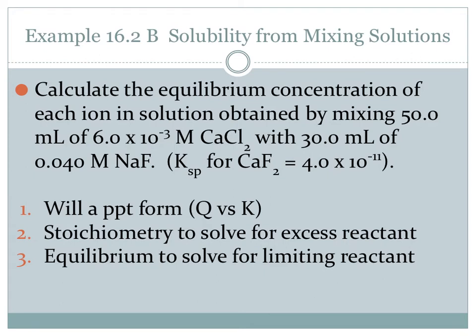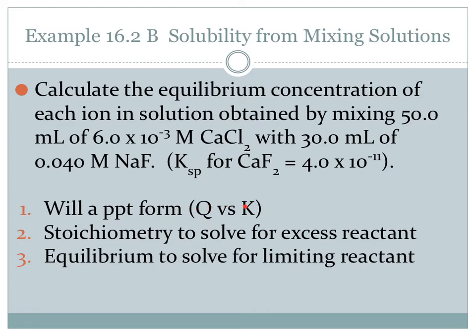The next logical question then, here we've got another one: will a precipitate form? The next question is, okay, how much will form and what's the molarity of everything after it forms? And that is a much more difficult question. So first, let's break this down into three parts. Will a precipitate form?